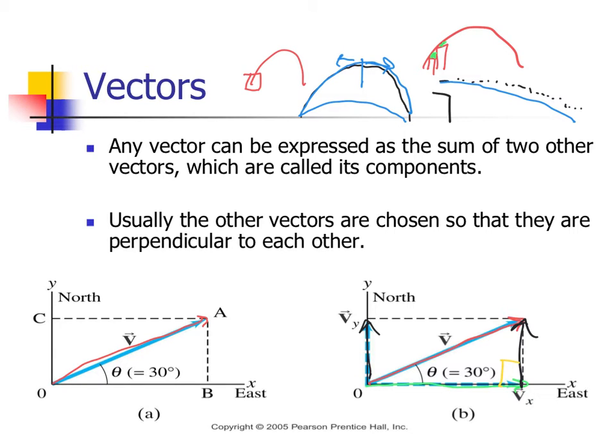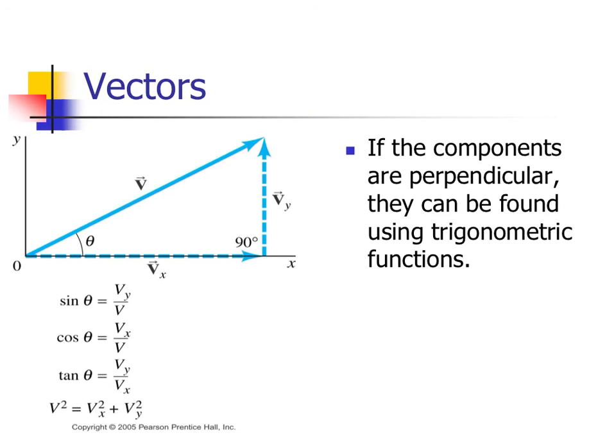So SOH CAH TOA, utilizing those parts. Sine, and it's the angle that I have written there, that's the theta, is opposite over hypotenuse.